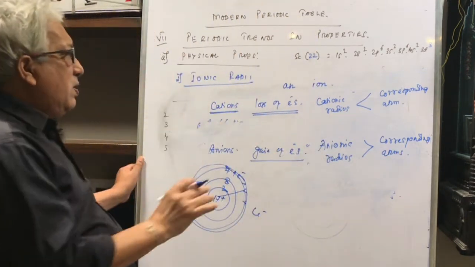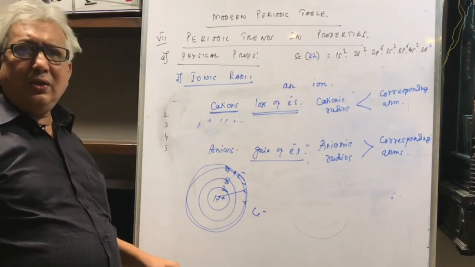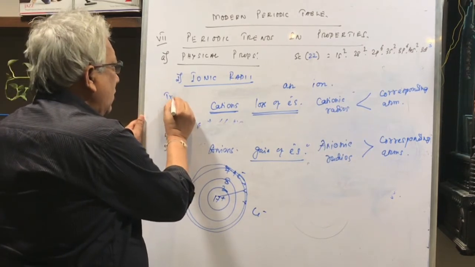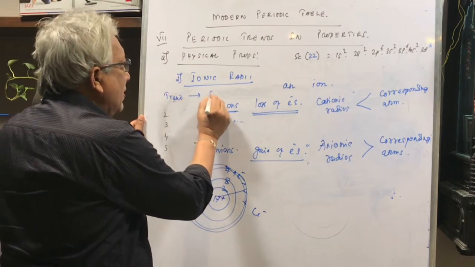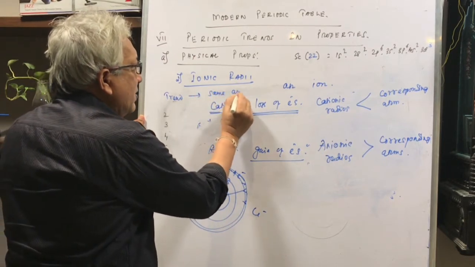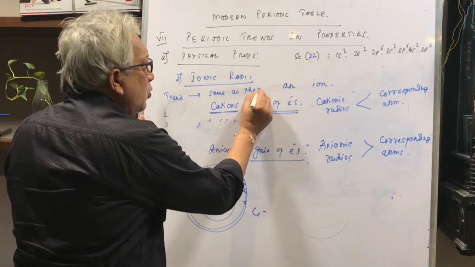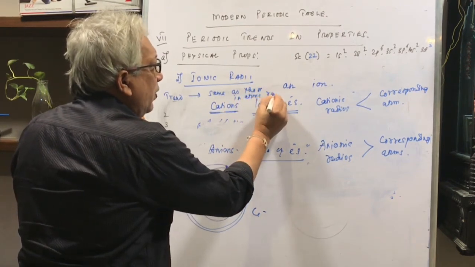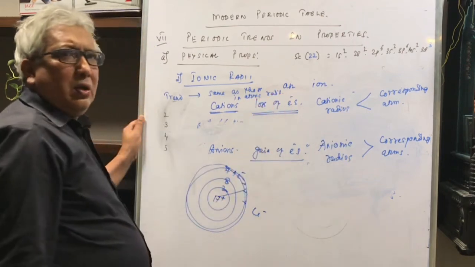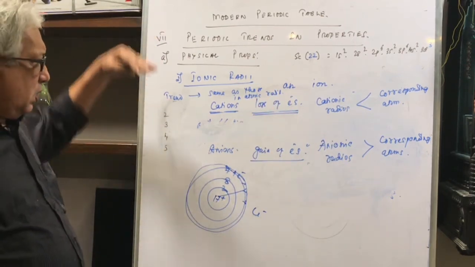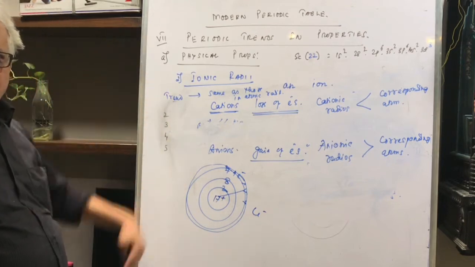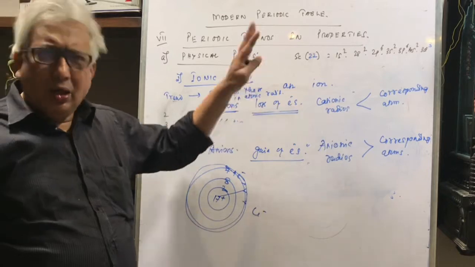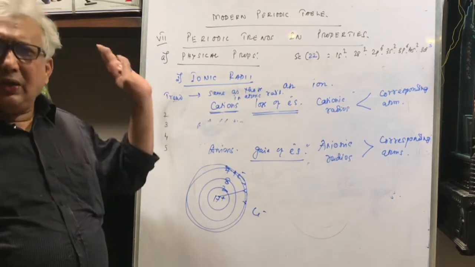And as far as the trend in the ionic radius is concerned, it is more or less the same as that in atomic radius. Just the way we found the atomic radius goes on increasing down the group and decreasing along a period, it follows more or less a similar trend.